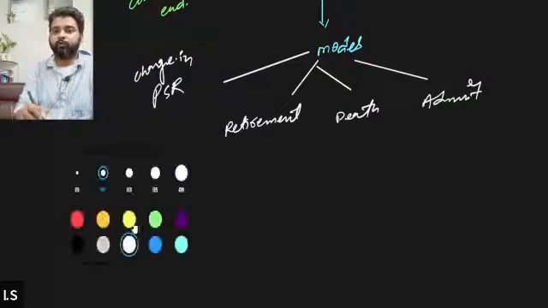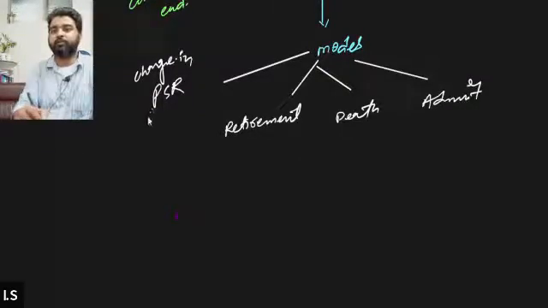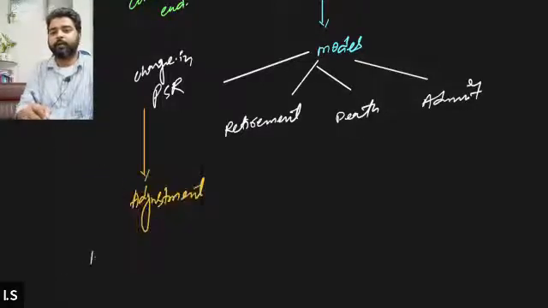Then I've told you that whenever there is a change in the partnership profit sharing ratio, it will require some adjustment. Adjustment first will be regarding the sacrificing and gaining of the partnership.